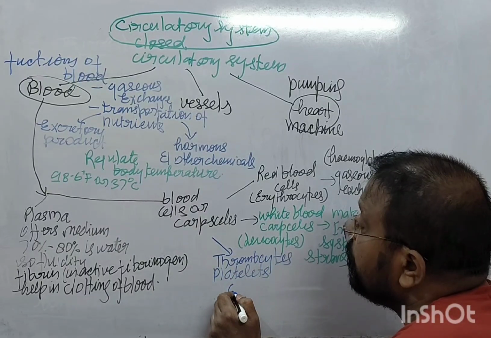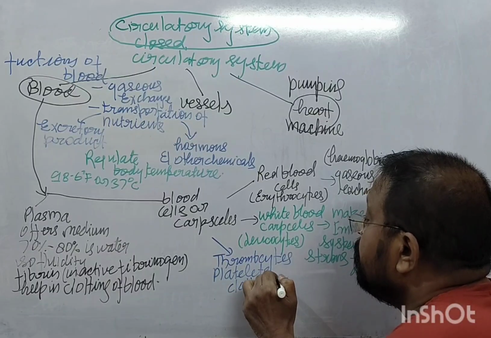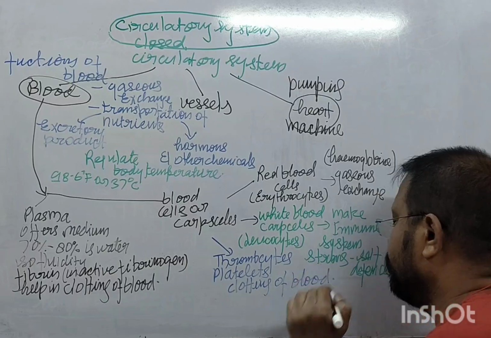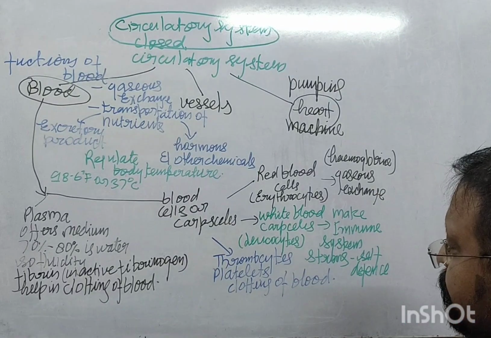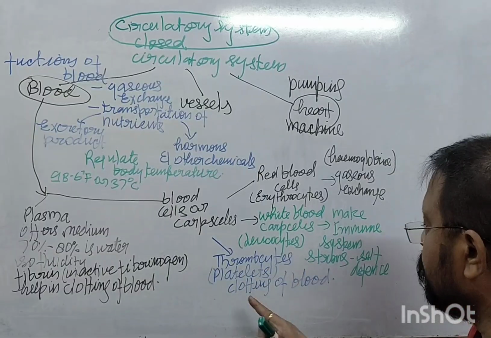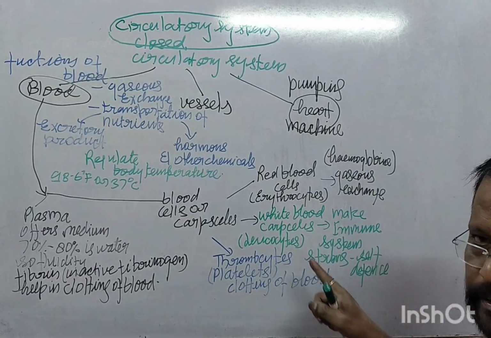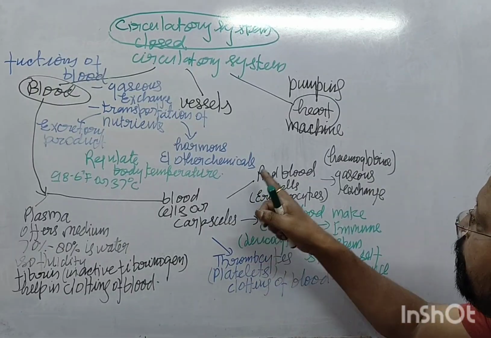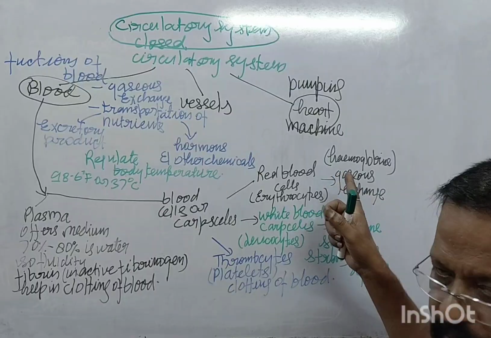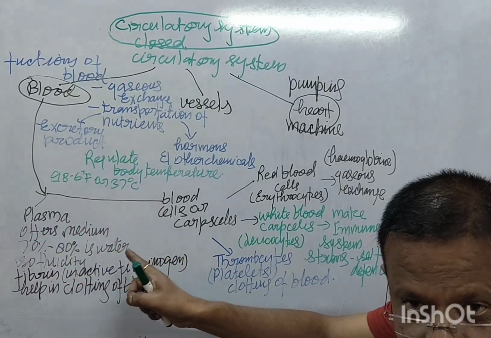They help in clotting of blood. Right? Thrombocytes are called platelets, and they are for clotting of blood. White blood cells, leukocytes, are for the immune system, self-defense. And red blood cells are for gaseous exchange, they have a substance, hemoglobin. They all are in plasma.